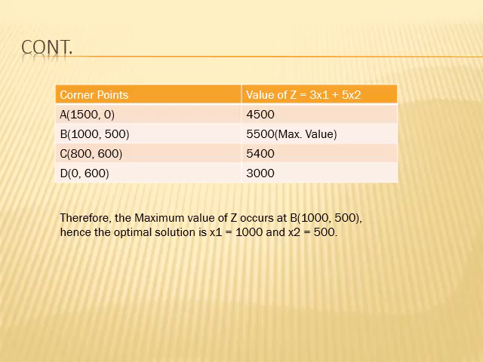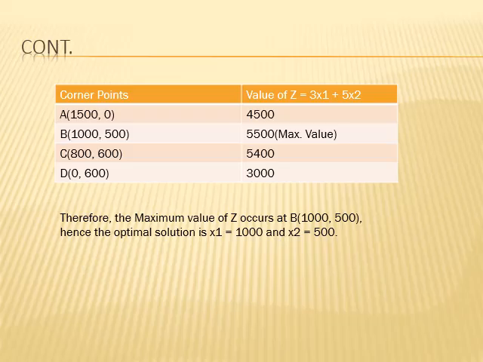Let's substitute these values and we get z equals 3 times 800 plus 5 times 600. The result is 5400. The last corner point D, where x1 equals 0 and x2 equals 600. So z equals 5 times 600 equals 3000.